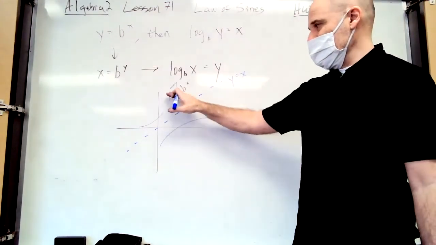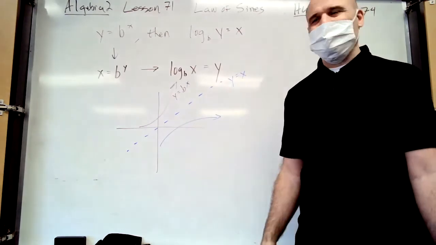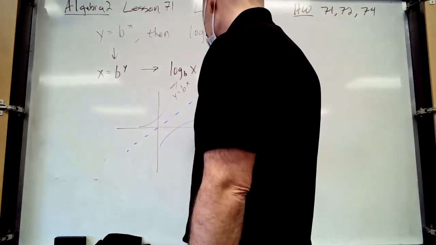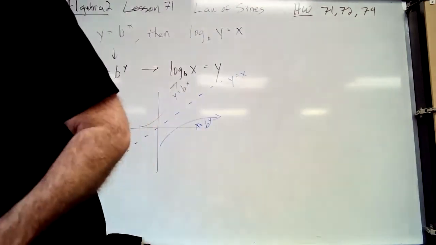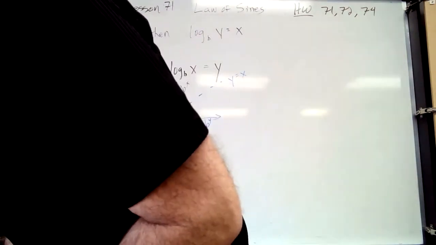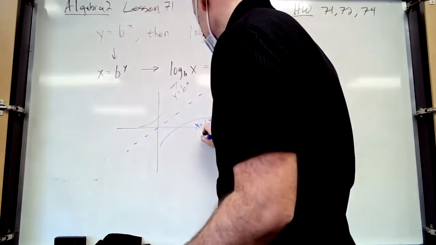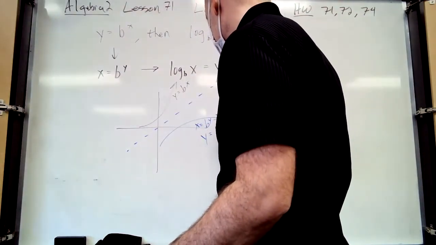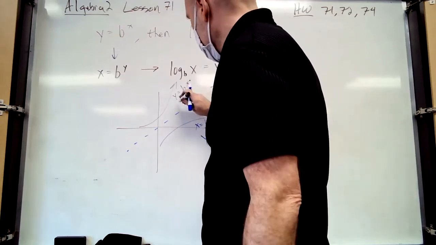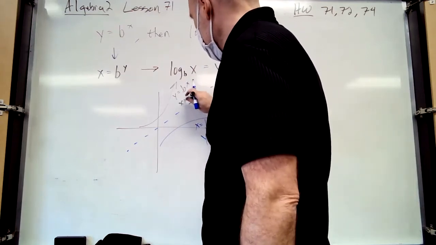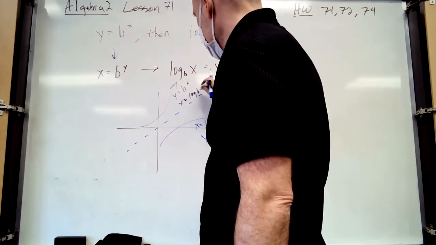So it's going to mirror across that y equals x line. Okay, so this is x equals b to the y, or yeah, y equals log base b of x. X equals log base b of y.